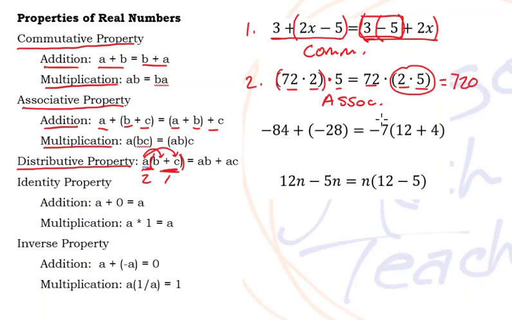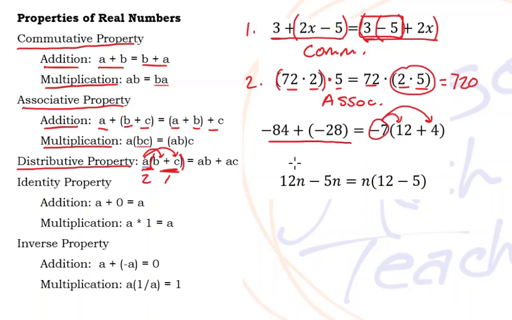And that's what's happened here. We took this negative 7, we multiplied it times 12, got negative 84, and we multiplied it times 4 and got negative 28. And now we can add them together, and we'll get the same answer we would have got if we had done 12 plus 4 is 16, and then multiplied that times negative 7. Now, in this problem, I'm not really illustrating why this is a benefit to us. I don't know that there was a benefit in doing this.